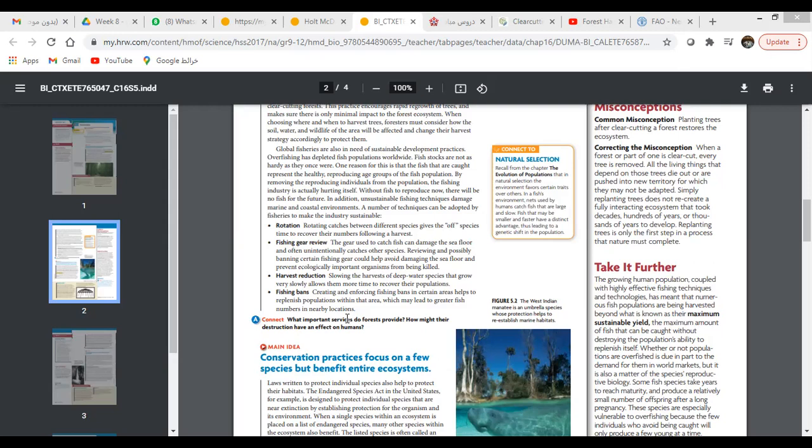Fishing bans means creating and enforcing fishing bans in certain areas. What does fishing bans mean? Stopping fishing in certain areas helps to replenish population within that area, and this will give a chance for greater fish numbers to nearby locations.